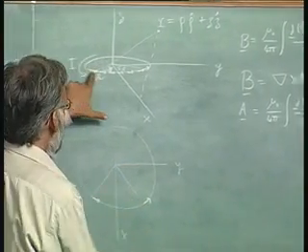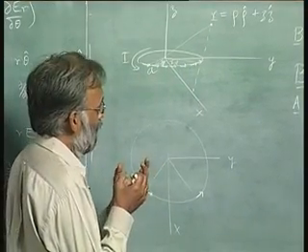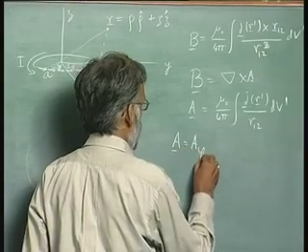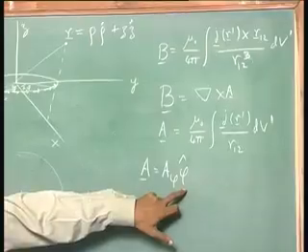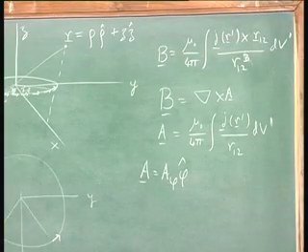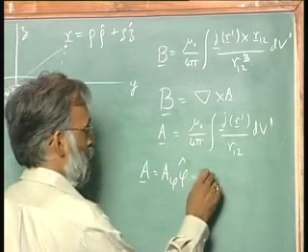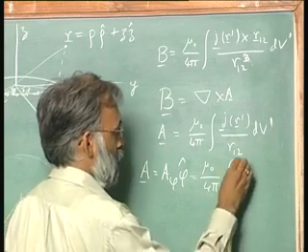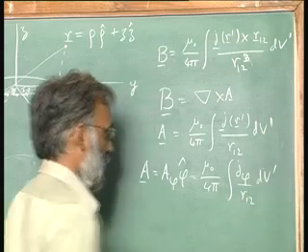Since for every one of these elements there is a corresponding element, I can take them in pairs and add them up. So, the final answer is A is equal to something that is only along the phi direction. If I want something only along the phi direction, obviously only j phi can contribute. So, it is equal to mu naught over 4 pi integral j phi over r12 dv prime.